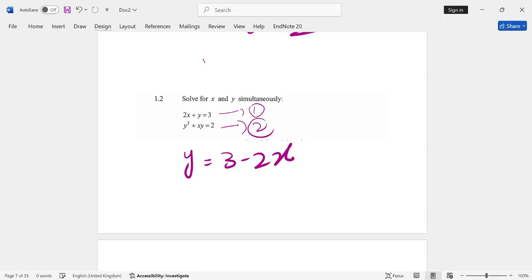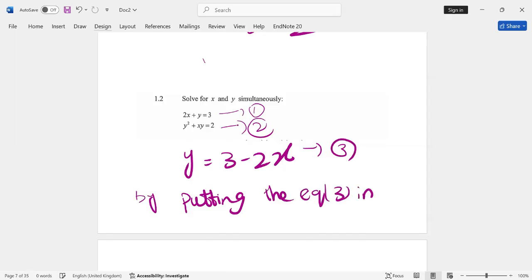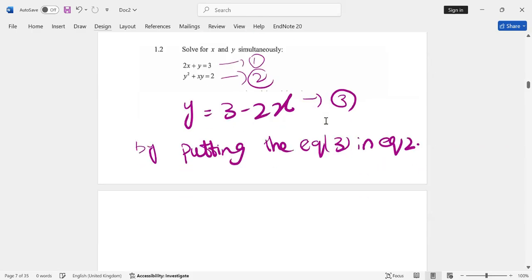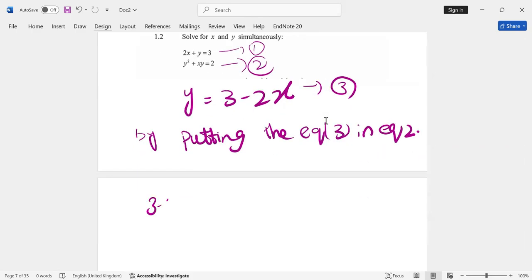I find the value of y from equation 1 and put this value, equation 3, in equation 2. So we have 3 minus 2x squared plus x times 3 minus 2x equals 2.